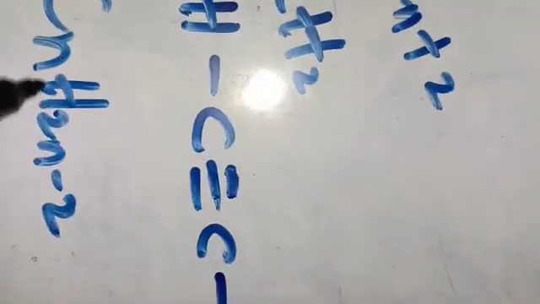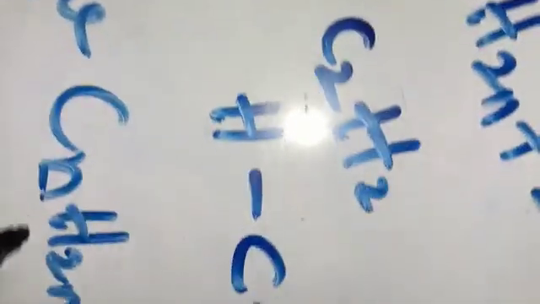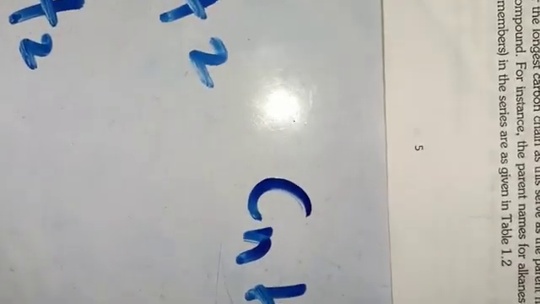So you can see CnH, these are all subscripts. So you can find out that for acetylene, which is C2H2, if I'm going to put the formula for the alkyne family, that means applying CnH2n-2.